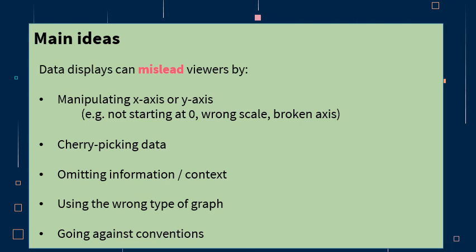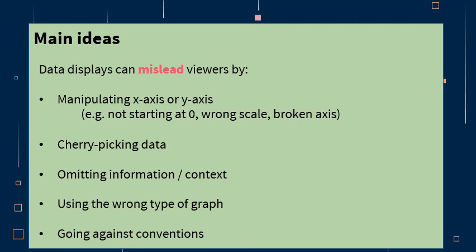So for example, with that gas example where we had the year, then the last year, and then today, that's a broken axis. Cherry picking data, so just choosing the part of time or the data that makes everything look good. Omitting information or context, that means not telling the full picture.